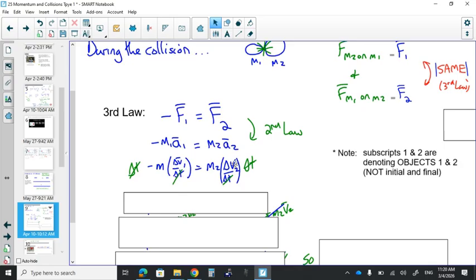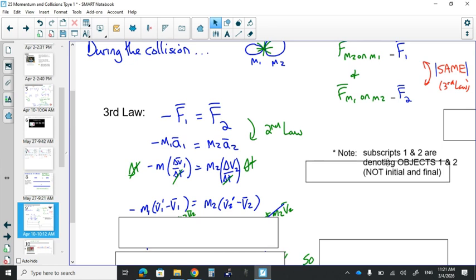If we multiply both sides by delta t and simplify, we get negative m1 times delta v for object 1, the change in velocity for object 1, and m2 times its change in velocity. Well, change in velocity is final minus initial, right? So v1 prime minus v1, final velocity minus initial velocity, and v2 prime minus v2.